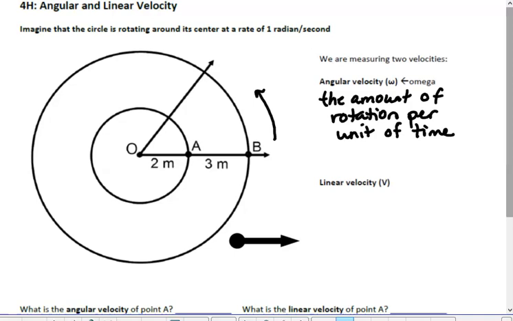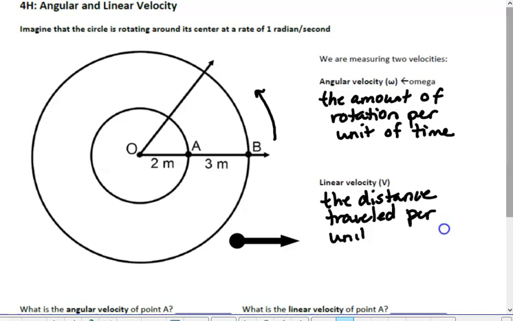And the linear velocity is the distance traveled per unit of time. For those of you taking physics, that is known as displacement.